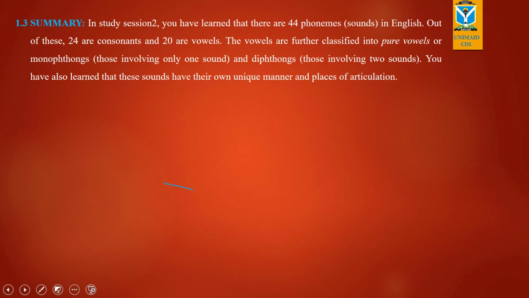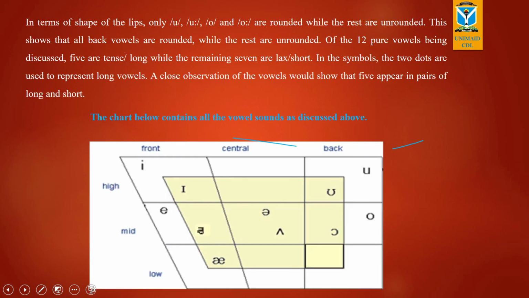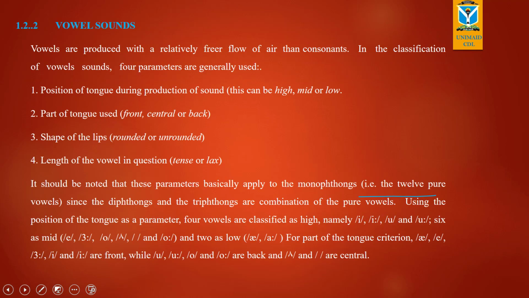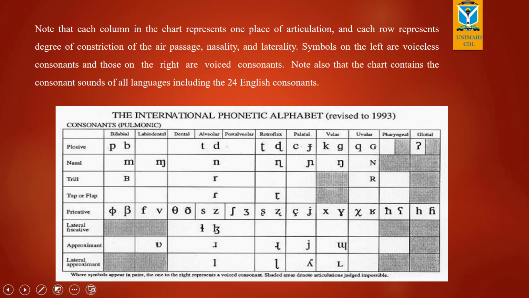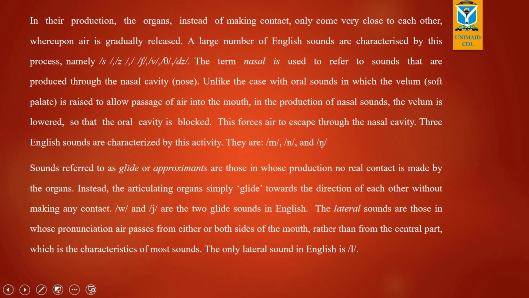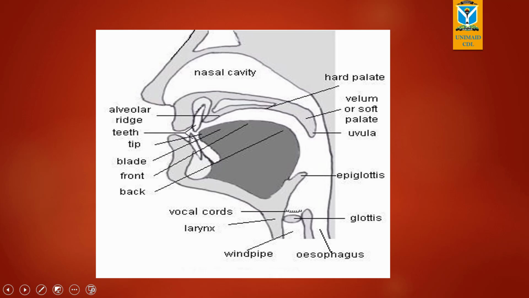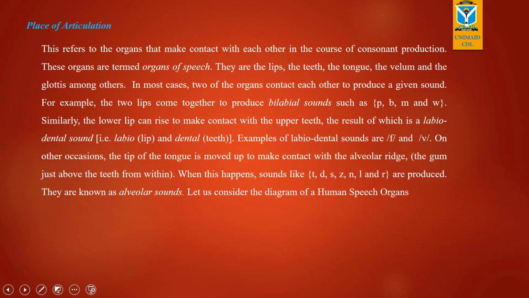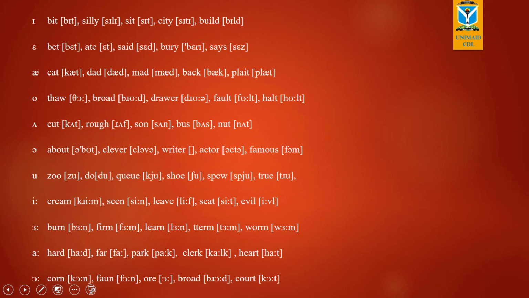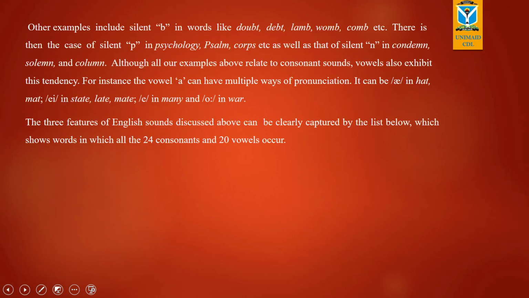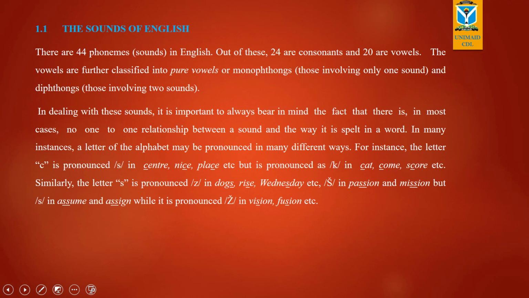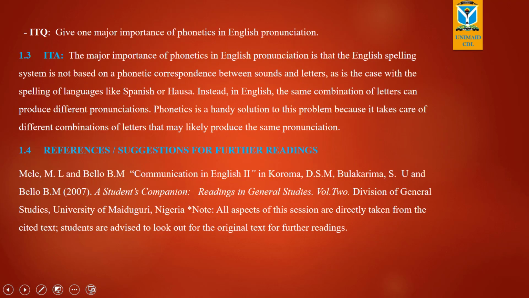Now, however, from what we have discussed, we've seen how the 44 English sounds can be categorized and then described. That is, looking at the sounds of English from the 2 categorizations, the consonants and then the vowel sounds.